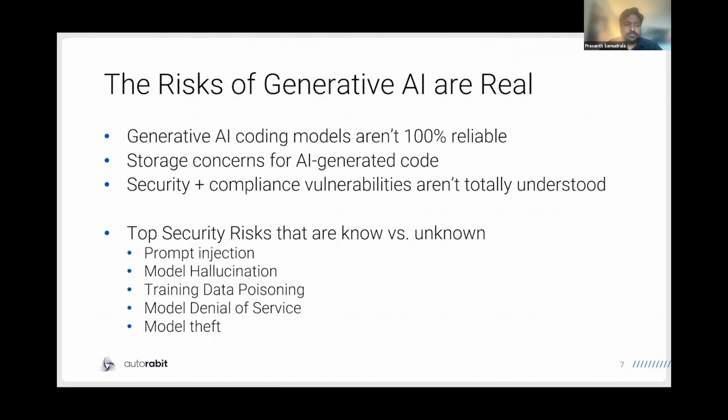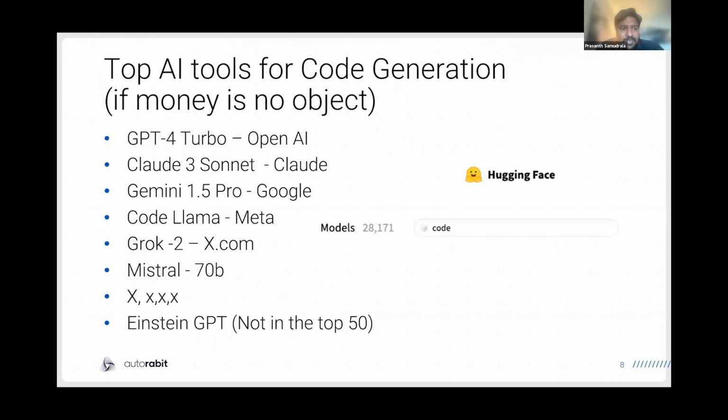So that said, can we move to the next slide, please? Okay, so the top tools being used, if money is no object: GPT-4 is at the top of the charts, followed by Claude 3 Sonnet, followed by Google's Gemini 1.5 Pro, followed by Code Llama, which is from Meta, and on and on.